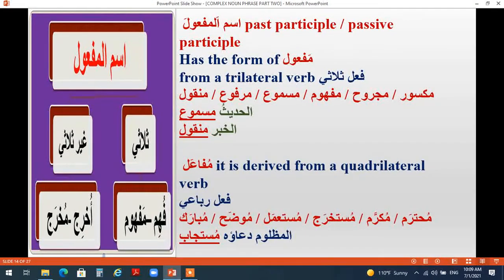For example: المظلوم دعاؤه مستجاب. مستجاب this is the past participle أو اسم المفعول في اللغة العربية الذي جاء أو استخدم كي يصف الاسم الذي جاء بعده وهي كلمة دعاء. إذن سنقول أن كلمة مستجاب وهي اسم مفعول has been used as a post modifier.